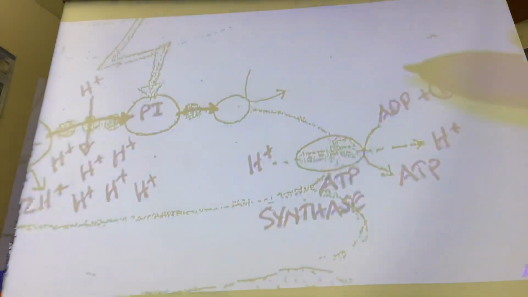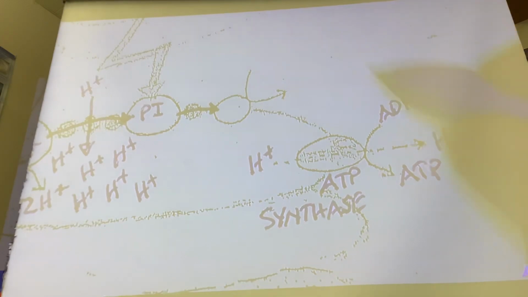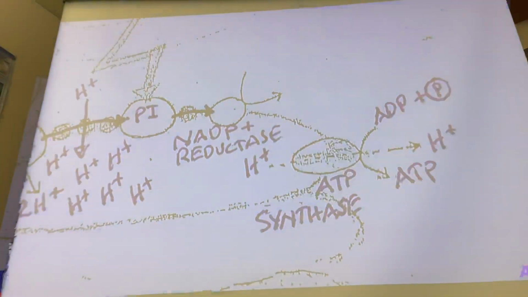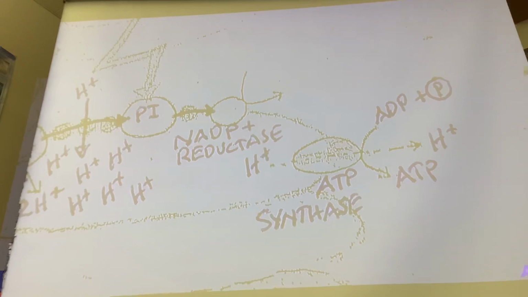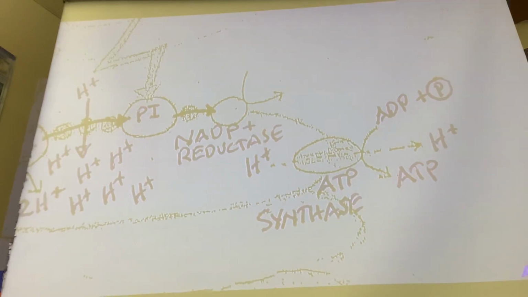And this one is called NADP plus reductase. So those electrons are going to move down to NADP plus reductase. Now, NADP plus reductase is going to take 3 things and smash them together.